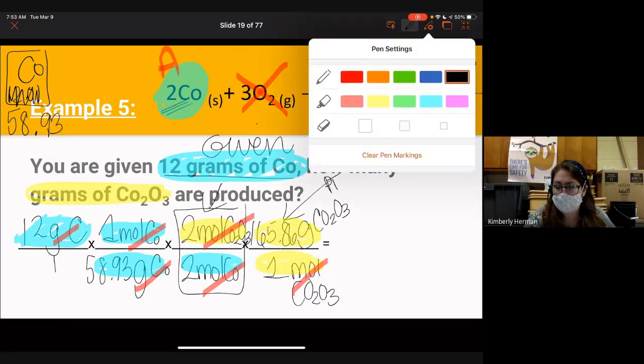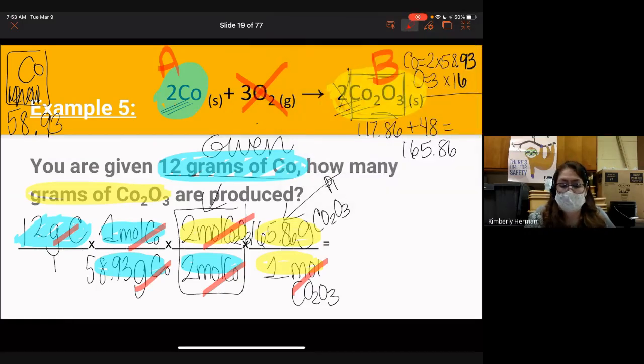So now we're to the end of it. We can simplify this to a 1, simplify this to a 1, and that means we're going to multiply the top to get our number. So 12 times 1 times 1 times 165.86. So we're going to multiply that by 12, and oh, we got a big number on top, 1990.32 on our top.